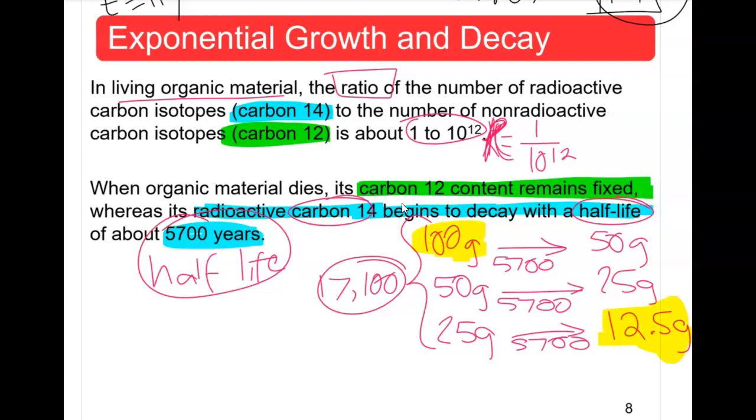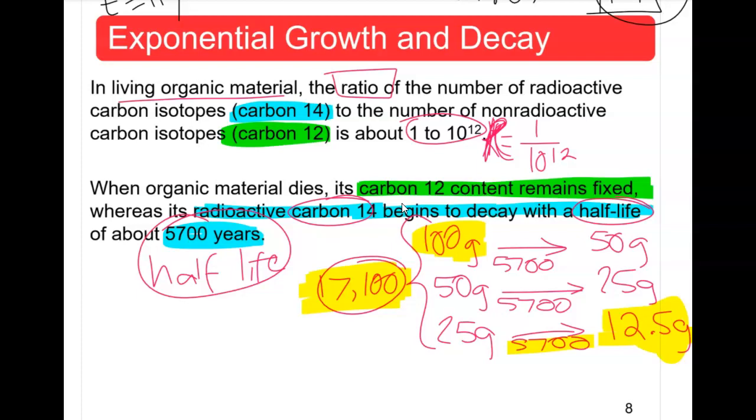As you can see, it's a pretty long time, and that is why scientists are able to determine the age of very old artifacts or human remains or fossils and other things. That is because of the very large half-life of carbon-14.